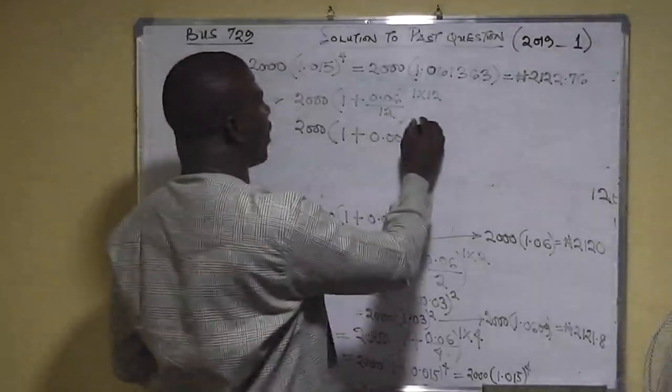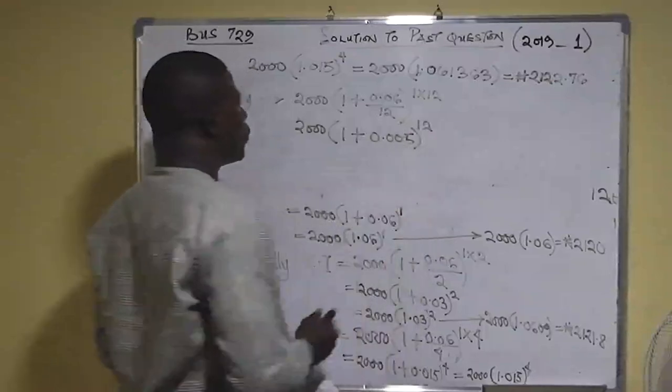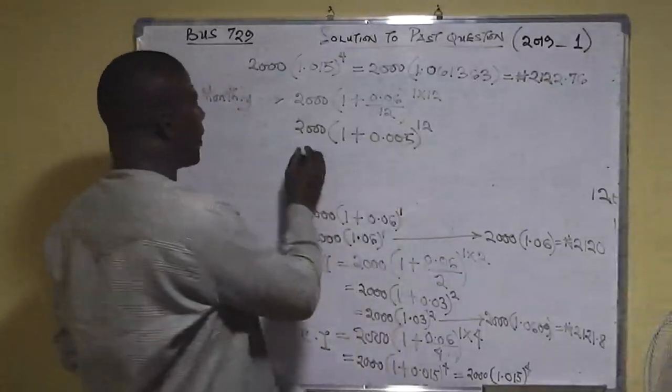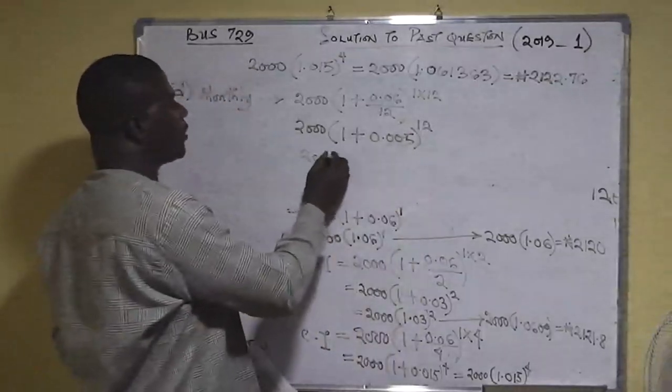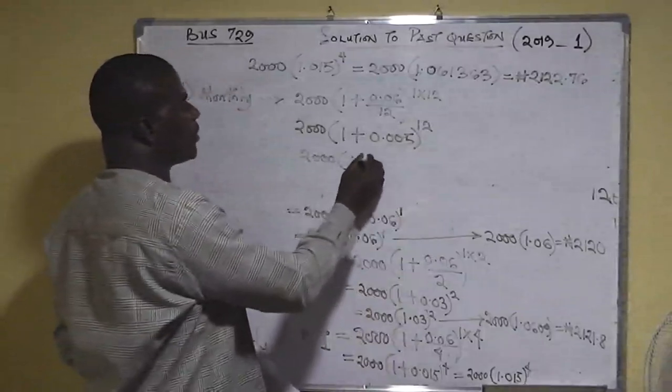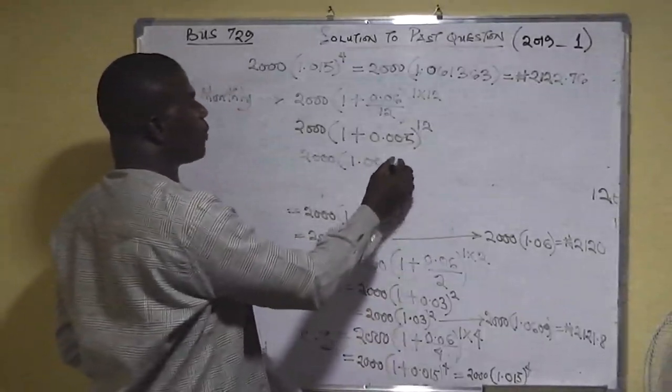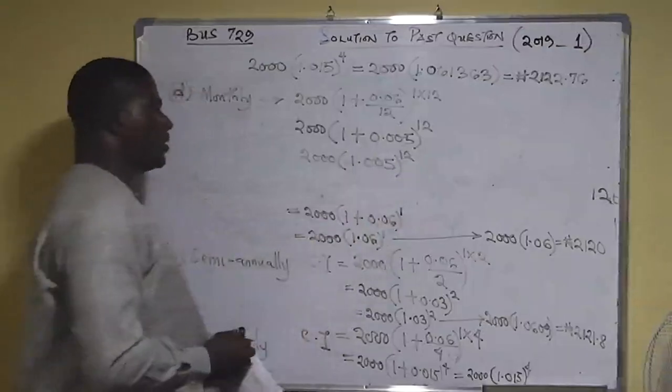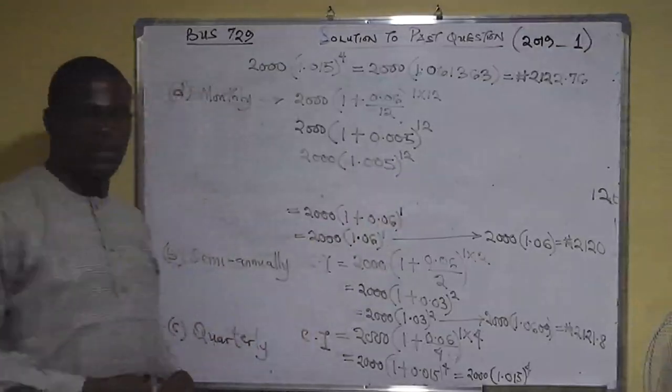Then 1 times 12 is 12. So by the time you add this together, you are going to have 2000 into bracket 1.005 raised to power 12.